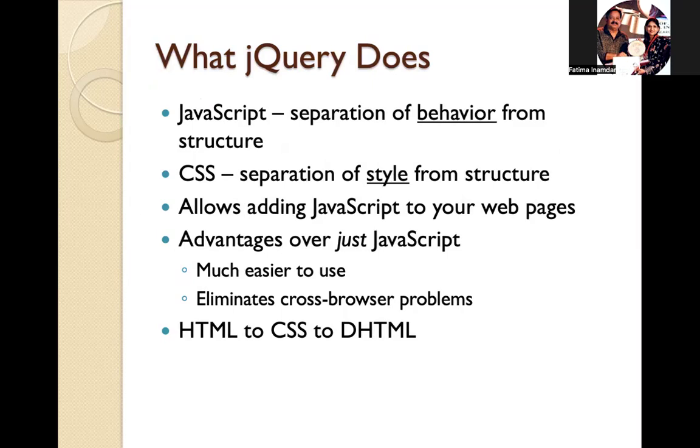It is used to separate behavior from structure. CSS is used for separation of style from structure, allowing you to add JavaScript to your web pages. The advantage over plain JavaScript is that jQuery is much easier to use and eliminates cross-browser platform issues. So we can move from HTML to CSS to DHTML, dynamic HTML.